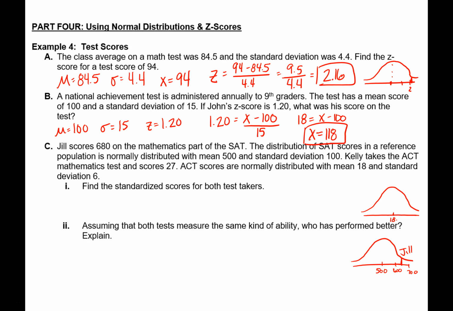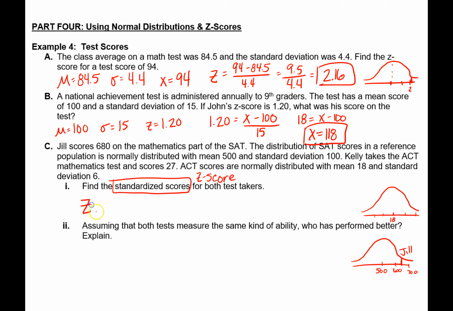That's a really different number than 500. And we can do that standard deviation, but we can't just compare these two curves because the x-axis is completely different. And this is where z-scores come in. So we're going to standardize the scores, meaning we're going to find a z-score for each person, and then we can compare who has a better z-score because z-scores are all on that same x-axis.